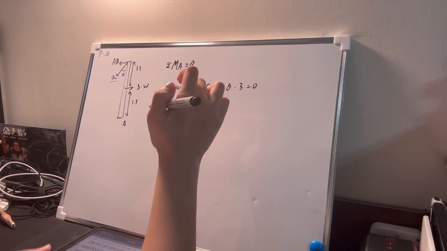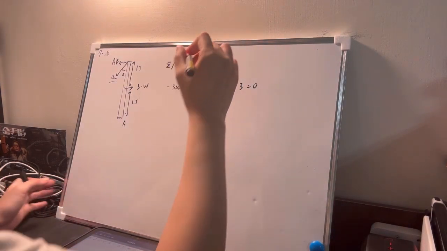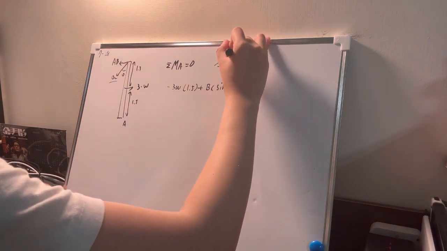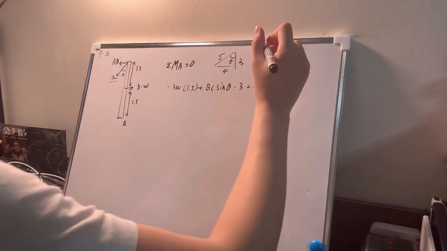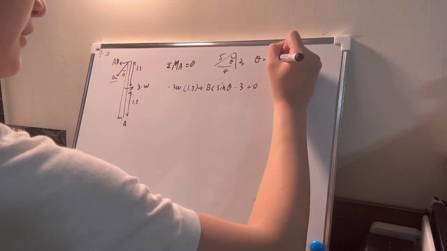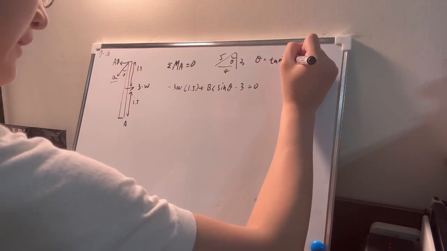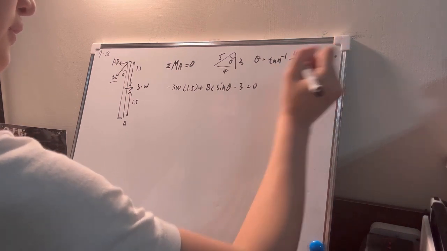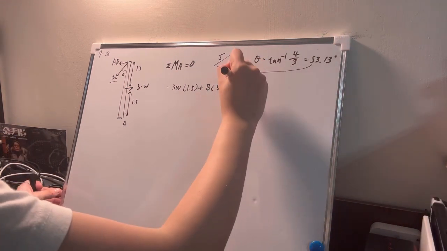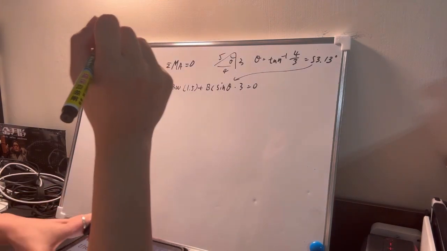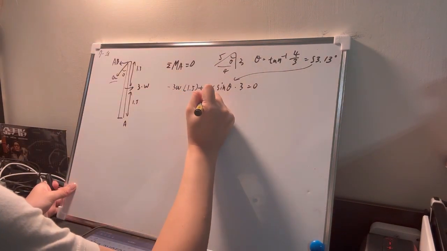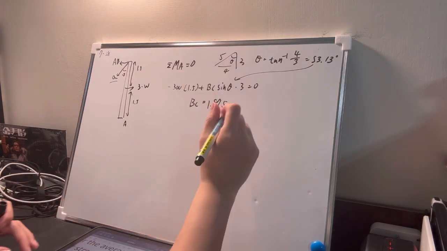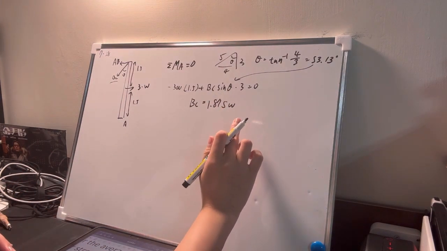And the theta here, because the question tells us it is 3, 4, 5. So we calculate this, BC equal to 1.875 W. And the W is what we want to calculate.